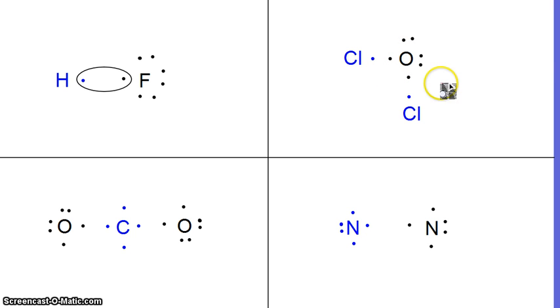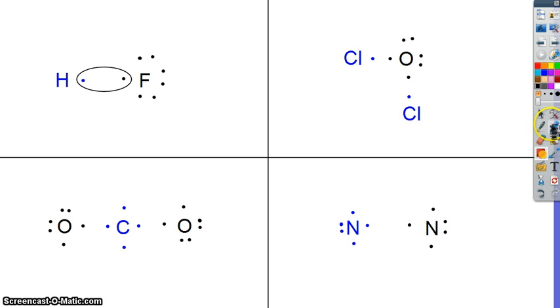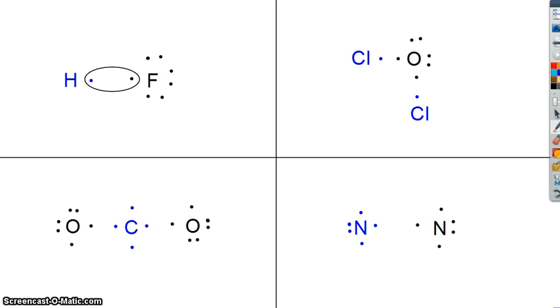This sharing can happen between more than just 2 atoms. If I have an oxygen atom, and I'm actually just realizing that I forgot to draw in all the chlorines, we'll take care of that. So an oxygen atom comes normally with 6 electrons, and a chlorine atom comes normally with 7, not 1 as I mistakenly drew there, electrons. And again, you can determine this by their placement on the periodic table.